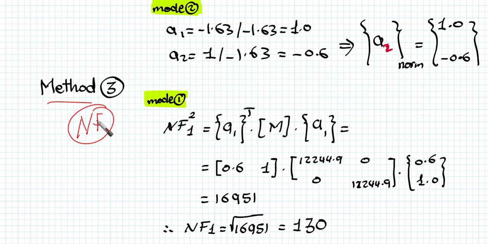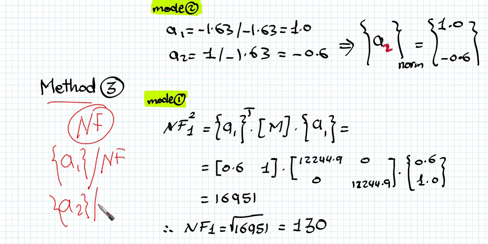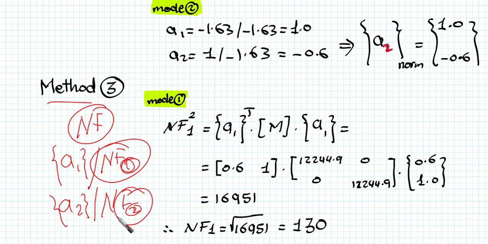After the normalization factor is calculated, vector A1 is going to be divided by NF, and then A2 is going to be divided by NF. Here NF1 and here NF2. So we are going to have a normalization factor for each case, right? Okay. So here NF1 squared, based on the equation, because before it was under the radical. So we removed the radical from here and we put squared here.